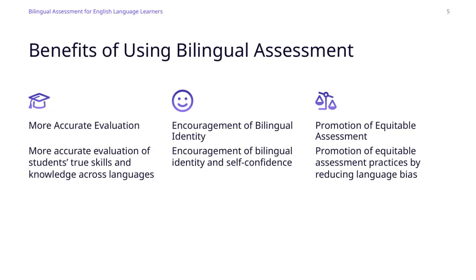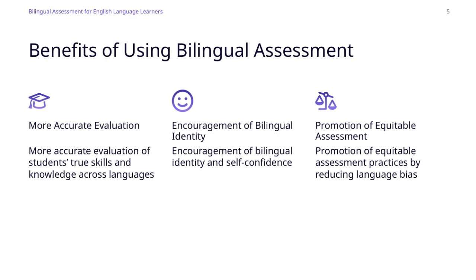When we use bilingual assessments, the first major benefit is a more accurate evaluation of students' true abilities. By assessing them in both of their languages, we get a clearer picture of their skills and knowledge, rather than relying on just one language, which might not fully capture their potential. Another important advantage is that it encourages a bilingual identity.